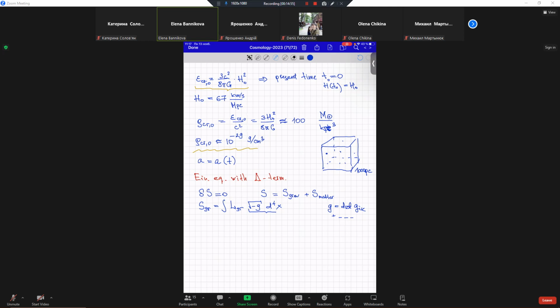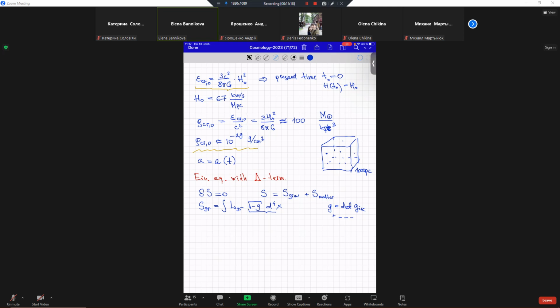It means that the Lagrangian must also be a scalar. We need to clarify what scalar describes gravity.